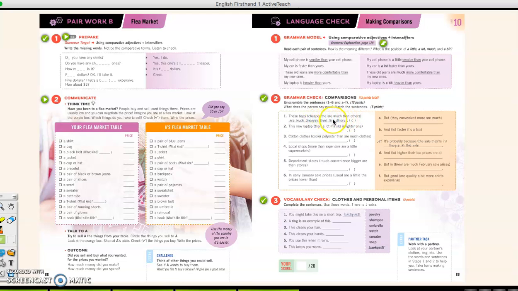Cheaper the are much than others. But they, convenient, more, are, much. What do you think? So these bags are much cheaper than the others.